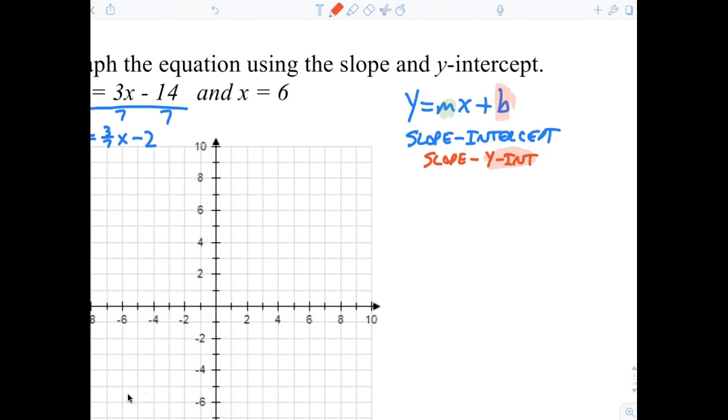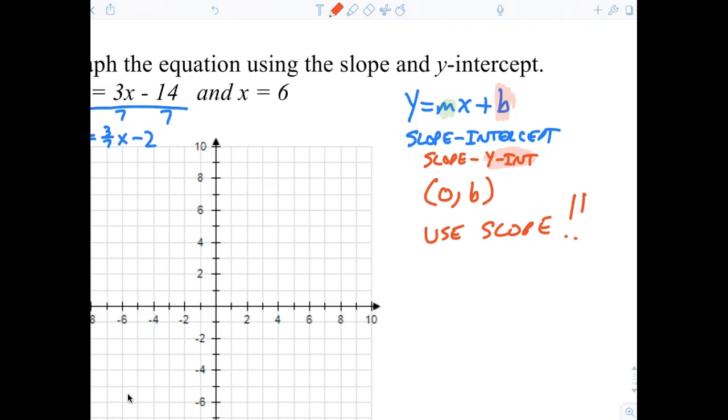So every graph, you will start with plotting the y-intercept. From there, after you plot the point, you will use the slope. Now listen to me, guys. This really is very, very easy. But if you don't understand the slope-intercept form, it's difficult.